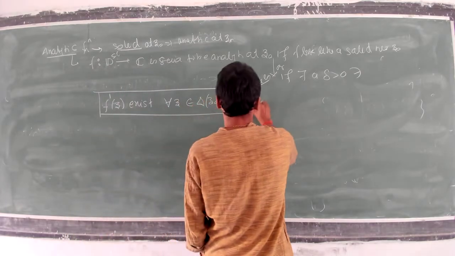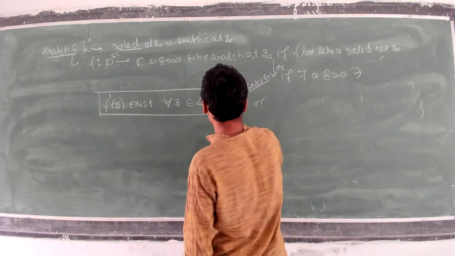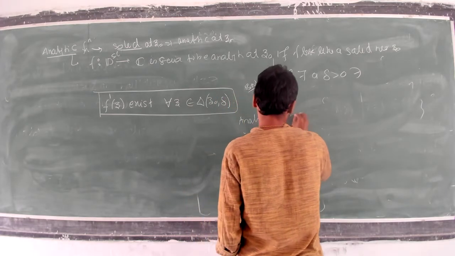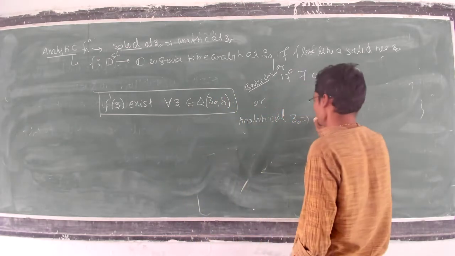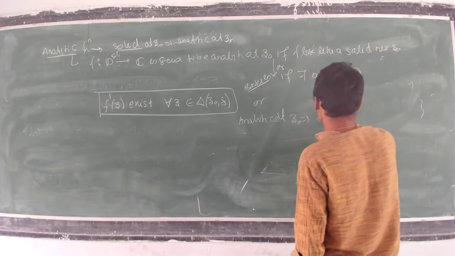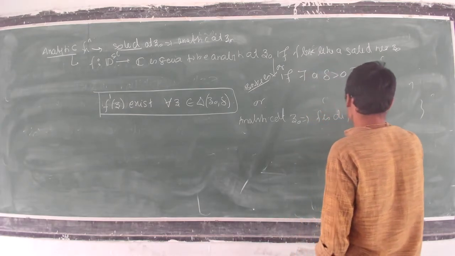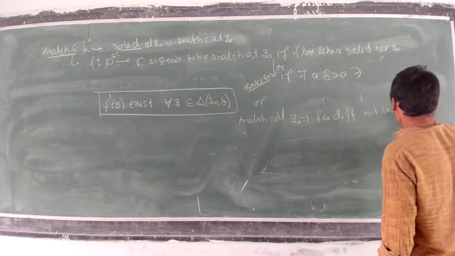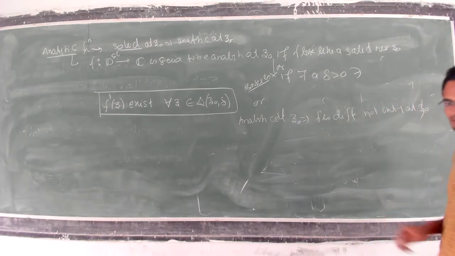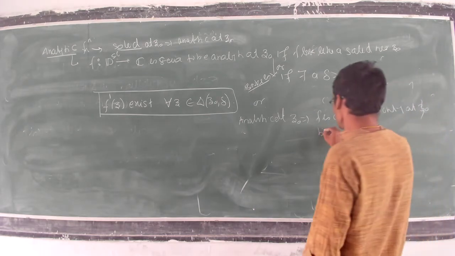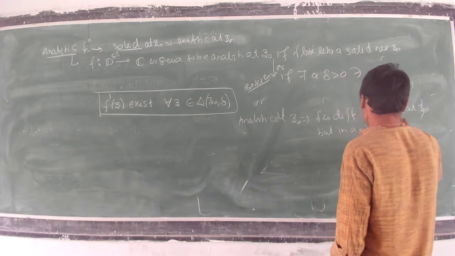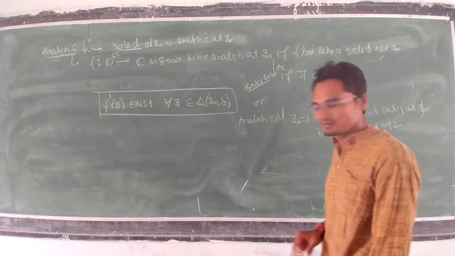Meaning, analyticity at z naught implies that f is differentiable not only at z naught, but in a neighborhood of z naught.